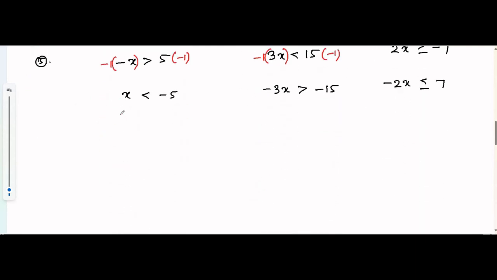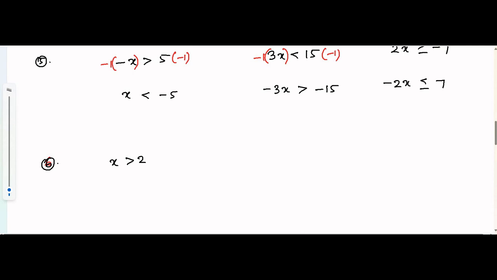Then we have rule number 6. So basically what rule number 6 says is, let's say we have an inequation like this, x is greater than 2.